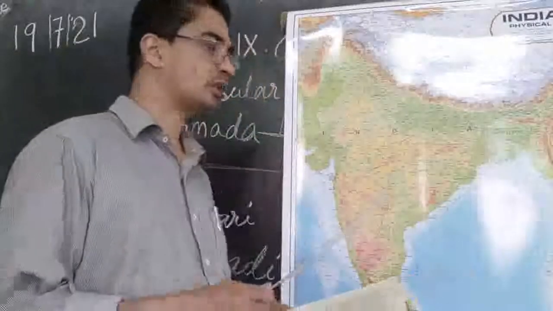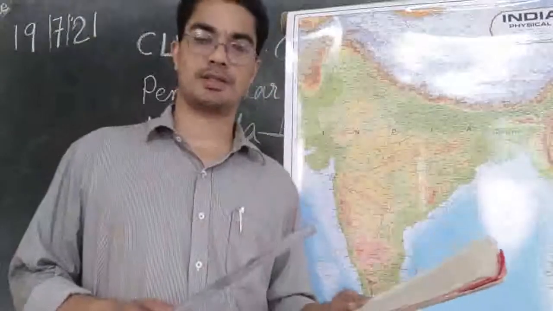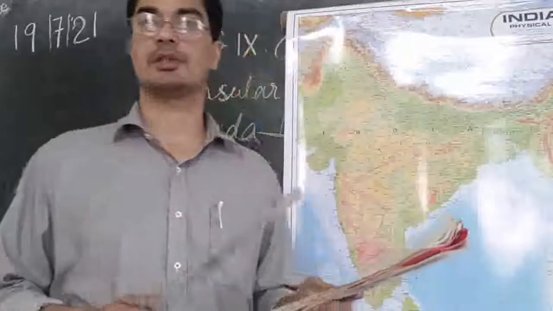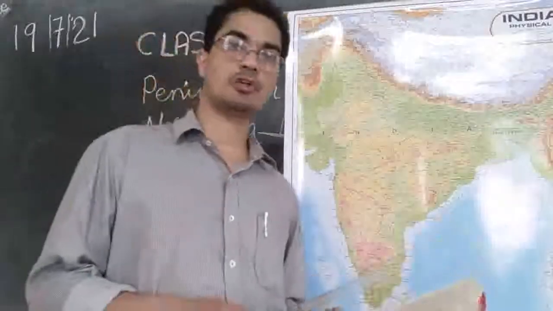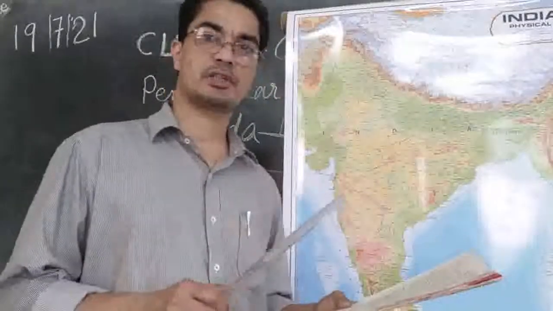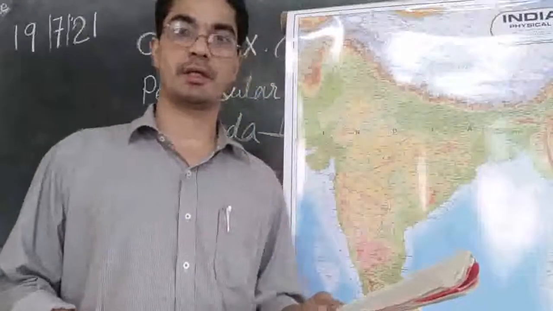Among these peninsular rivers, the Godavari is the largest. It is quite big compared to other peninsular rivers, and because of its large size, they also call the Godavari by another name, Dakshin Ganga.